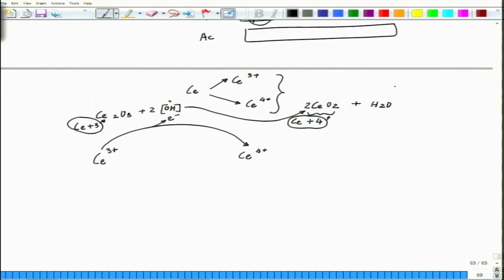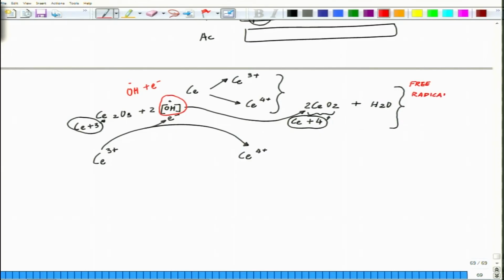Here you have the free radical sitting there. This free radical OH dot got an electron and became H2O. This process is the free radical scavenging part of cerium.